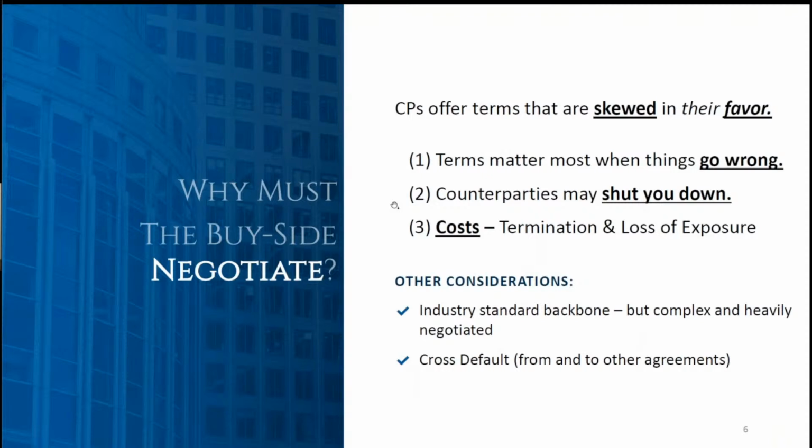The ISDA master agreement starts out on a level playing field, but the first draft that any hedge fund will receive from their bank, from the swap dealer, is going to be changed and skewed in their favor with additional termination events, giving the bank different ways out of the arrangement, as well as certain covenants and obligations on the fund.